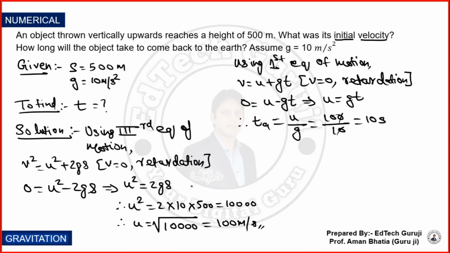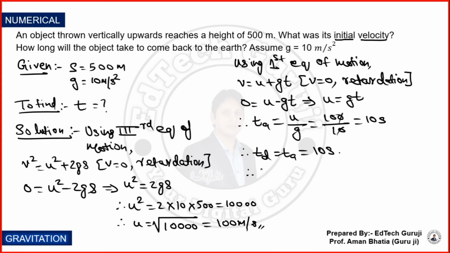Now let the time of descent be td. So we just proved that td is equal to the time of ascent, that is going to be equal to 10 seconds. So my td also came 10 seconds.